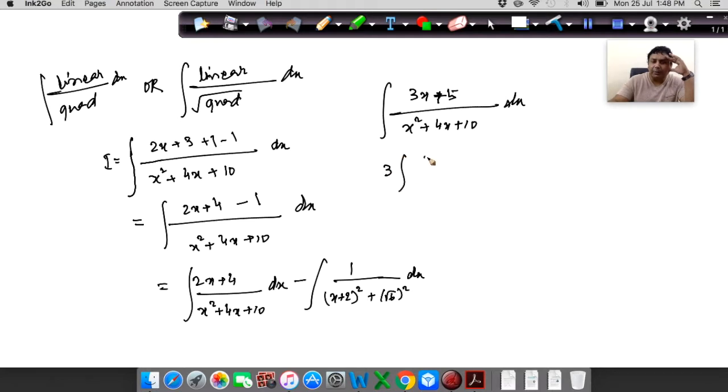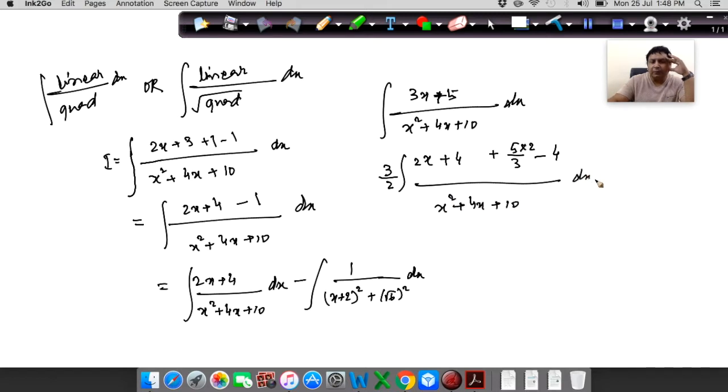So this becomes x, and let me write it a bit far so that I can accommodate other required things, plus 5 by 3. So I took 3 common out. Obviously this becomes 5 by 3. I need a 2x. So divide here by 2 and multiply by 2. So this also multiplies by 2. Now I need a plus 4. So we do plus 4 and we do minus 4 upon x square plus 4x plus 10.